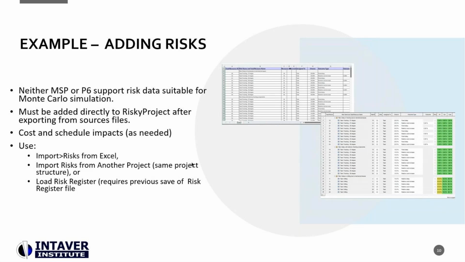Finally, you can save a risk register, but some of the data for both of these is limited in terms of what they do, though they do provide you lists. You can save the risk register in RiskyProject as a risk register file and then bring that into an existing schedule file that you want to run some analysis on.